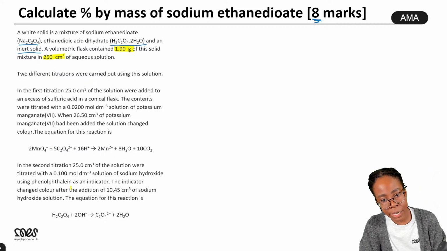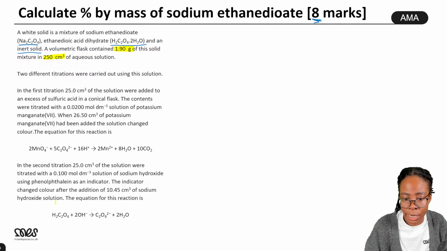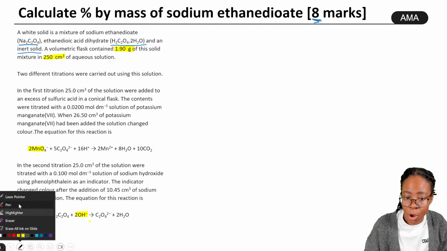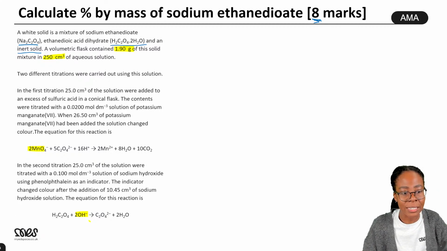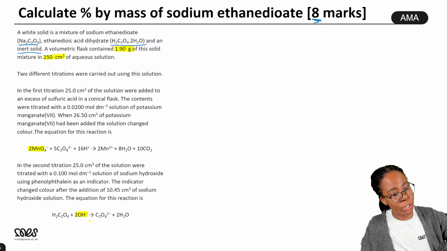And then in a second titration of a fresh sample, it was a titration against hydroxide ions. We need to find out the percentage by mass of the sodium ethanedioate. So 8 marks, you should have a good 10 minutes.